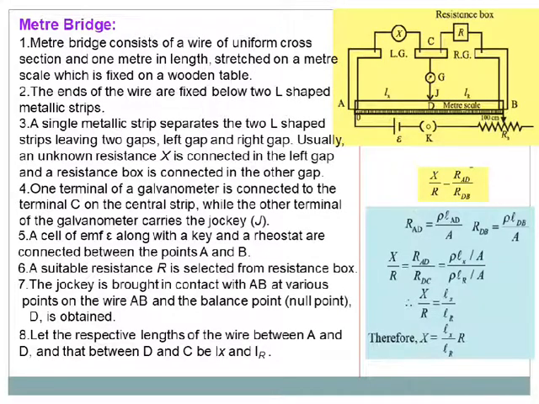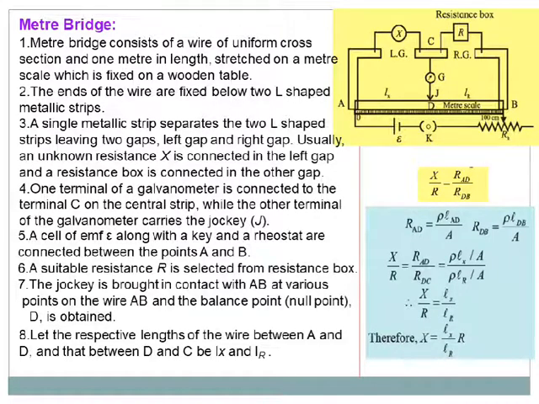As the wire is uniform, the same throughout the experiment, we can consider another term, rho, the resistivity. What is the value of rho? It is R A upon L. So you can find R AD is equal to rho L AD divided by A, and R DB is equal to rho L DB upon A. We take the ratio of both.